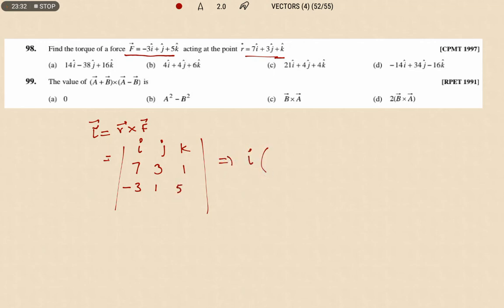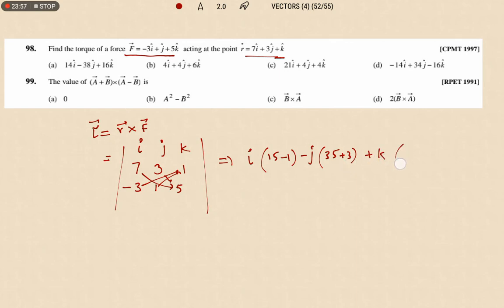So i: 3 into 5 is 15, 1 into 1 is 1, minus 1. Minus j: 7 into 5 is 35, 3 into 1, so minus of minus is plus.